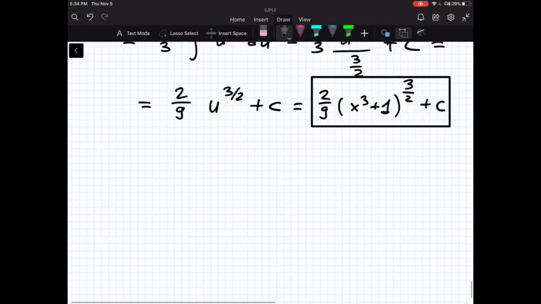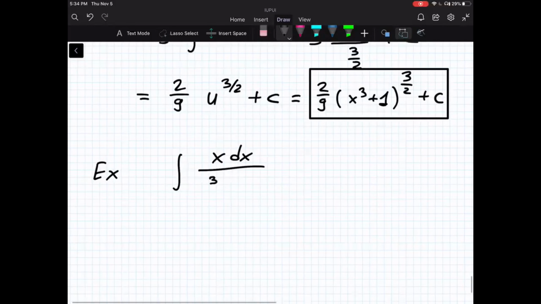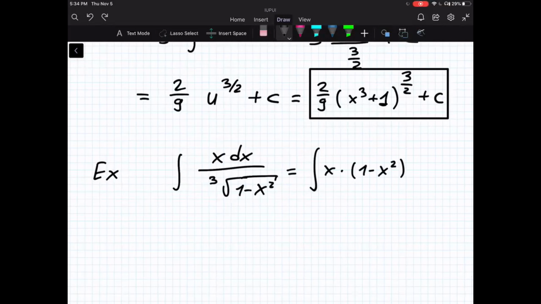Okay, let's do more. Let's calculate the following integral: x dx over the third root of 1 minus x squared. Again, I can rewrite it as x times 1 minus x squared to the power minus 1/3 dx.